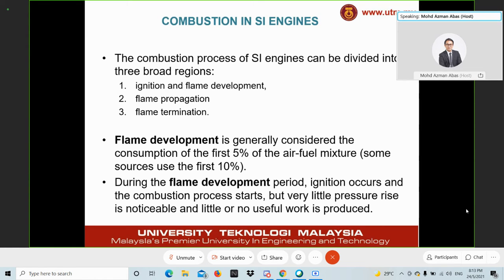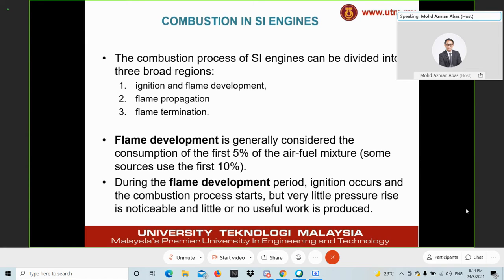Whenever we talk about combustion in spark ignition engines, if you imagine the combustion from the point where it starts until it ends, across the compression stroke, power stroke and exhaust stroke, the combustion process is split into three phases.